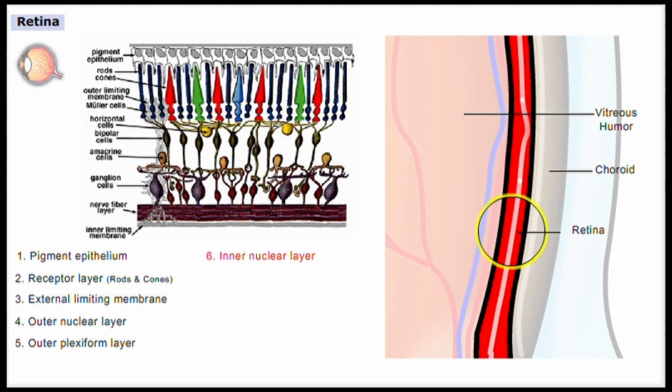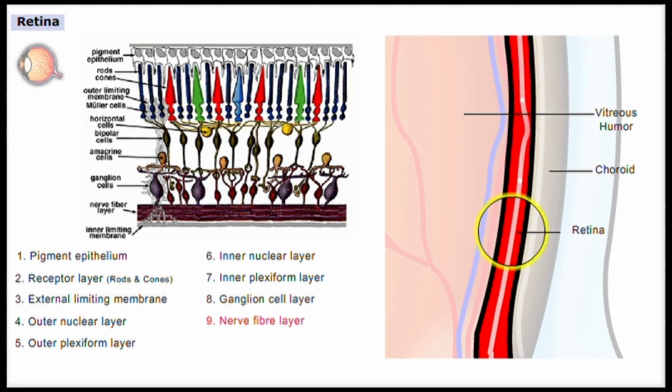Seventh layer is the inner plexiform layer, which has connections between the bipolar cells and cells in the next layer. Ganglion cell layer is the eighth layer of the retina. These can collect messages from many bipolar cells. A single ganglion can transmit information about color, patterns of light and shade, and movement.